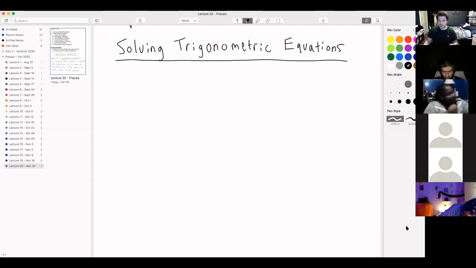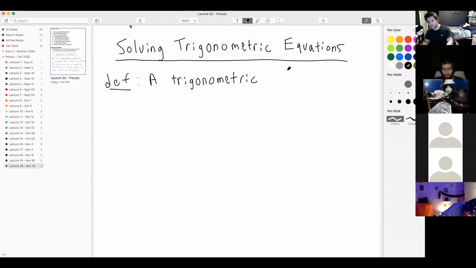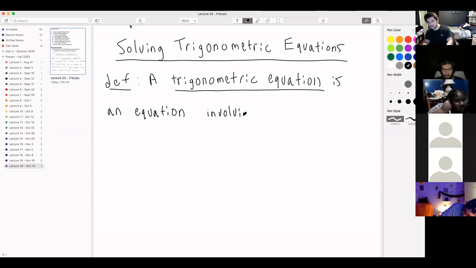Okay, so let's talk about the definition. What's the definition of a trigonometric equation? Definition: a trigonometric equation is an equation involving trig functions, as the name suggests.